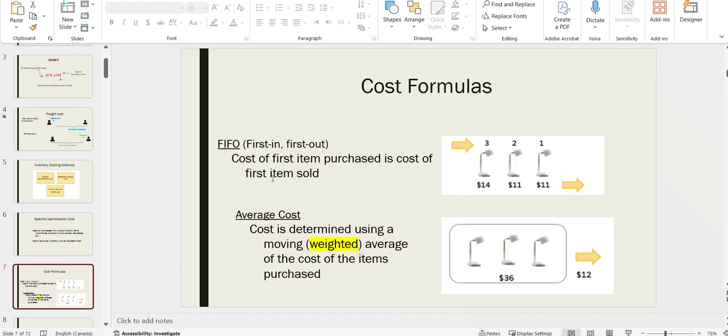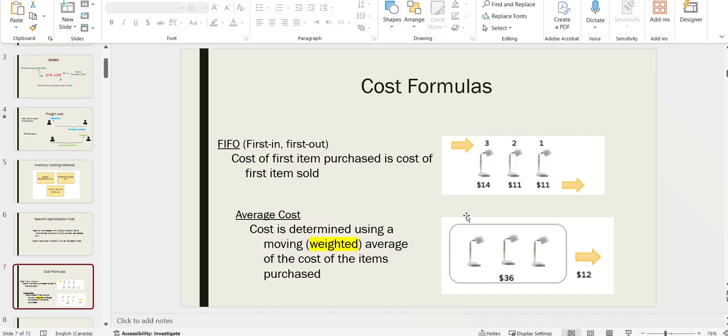So, for example, if in this picture we bought the third item first, and then the second item, and then the first item, then we want to sell here. It shows an output from inventory. We need to first sell the third item and then the second item and then the first item because our third item came to our inventory sooner than the second and first item.